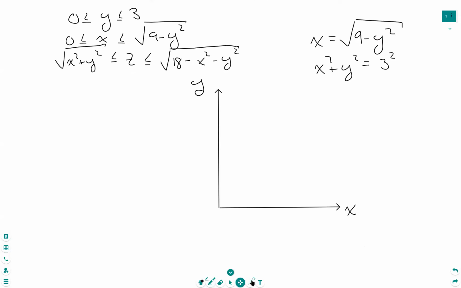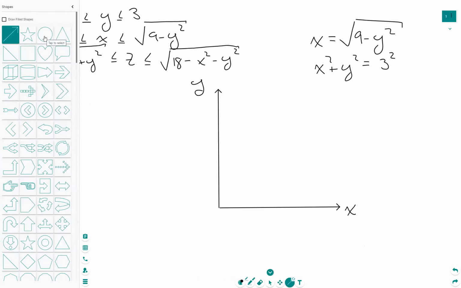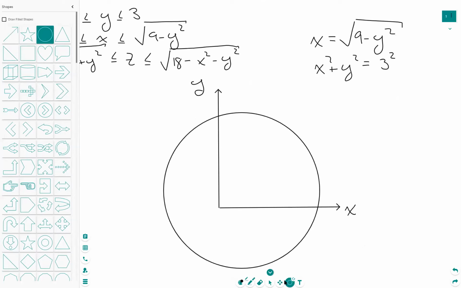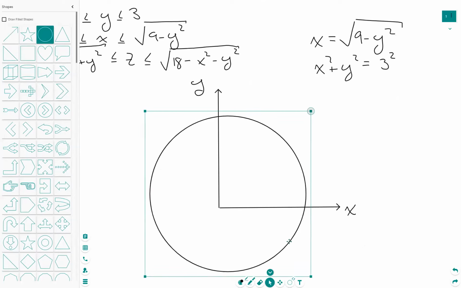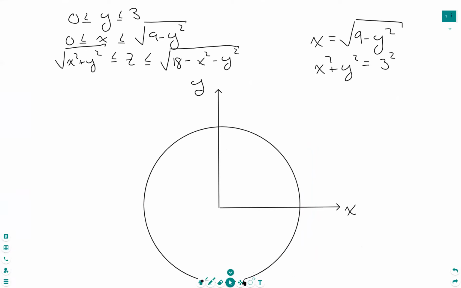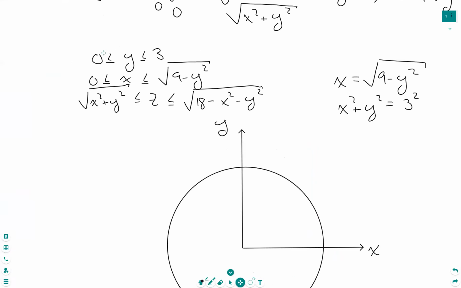So let me go ahead and put a circle in here, centered at the origin. So we're at the right half. But there's a reason why I only drew our axis like this, because if we notice, y goes from 0 to 3.